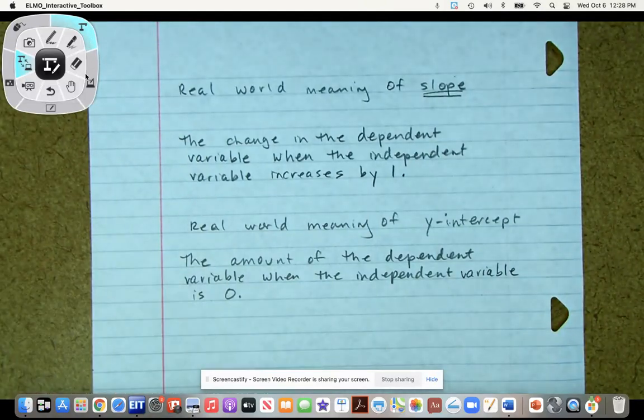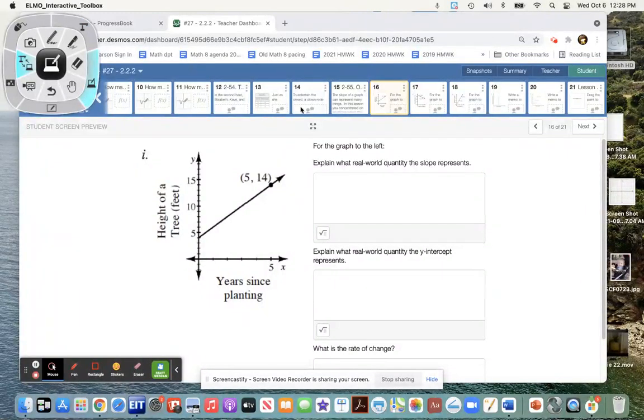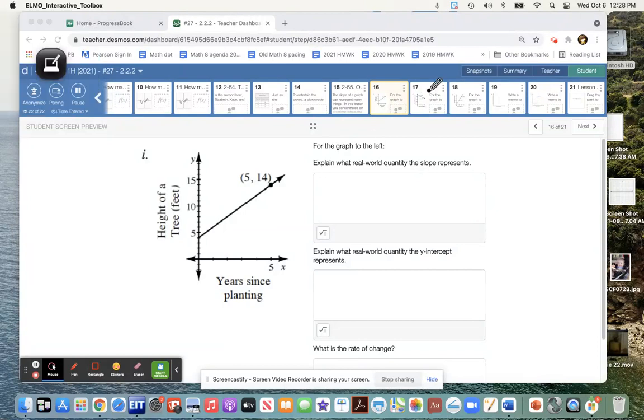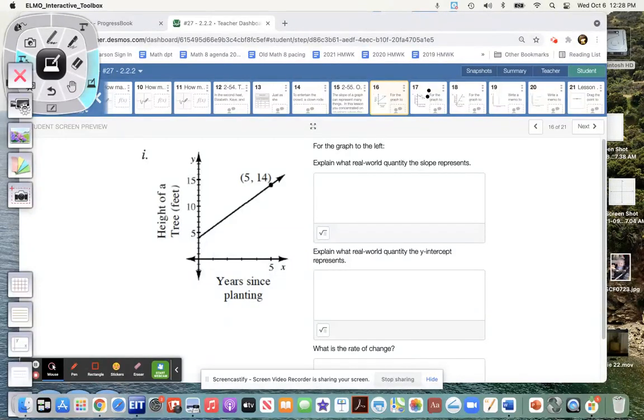Let's look at those examples again. Okay, so basically if I go to 0, it's the height of the tree when it was planted. Oh, shoot. Mouse. Come on.